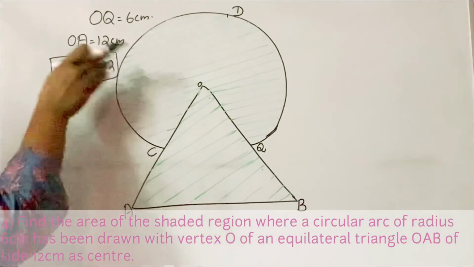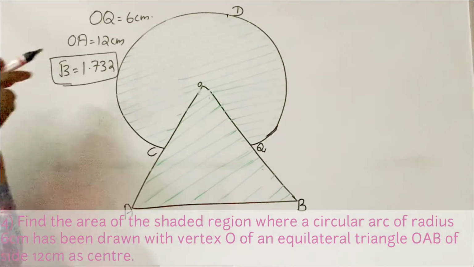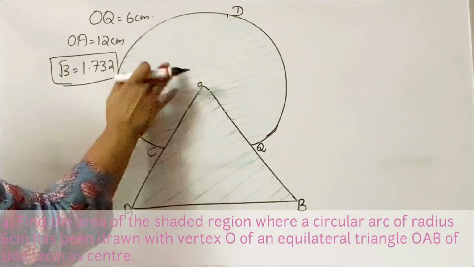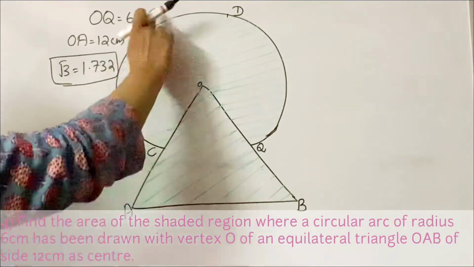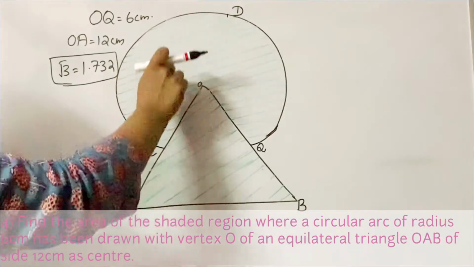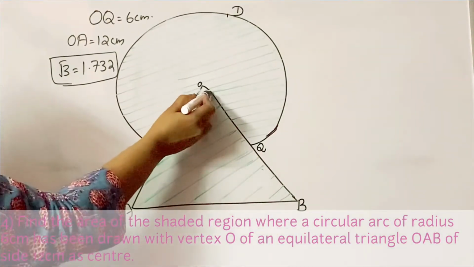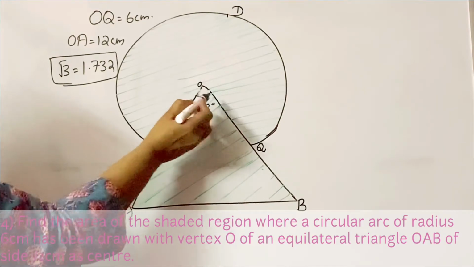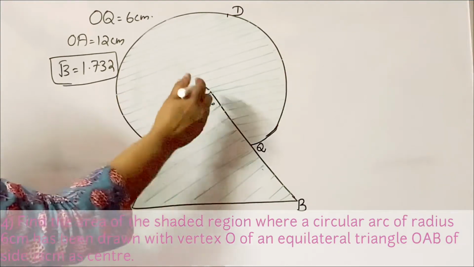And what about the area of the sector? It is theta by 360 into pi r square. What is theta here? This is the sector, this major sector. Here, this is an equilateral triangle, so this angle is 60 degrees. In an equilateral triangle, all the angles are 60 degrees. If this angle is 60 degrees, what will be this angle?